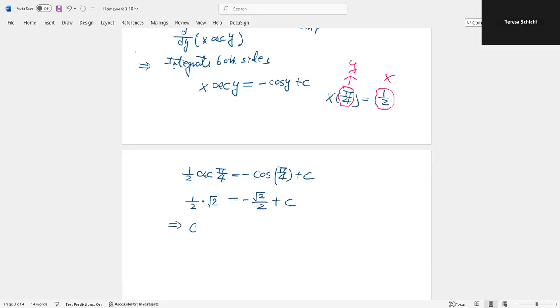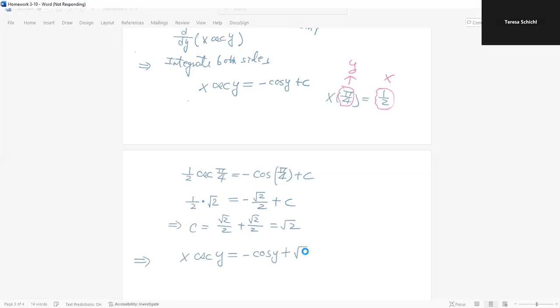So c is going to be the square root of 2 over 2 plus the square root of 2 over 2, so it's the square root of 2. Finally, my equation will be x cosecant y equals negative cosine y plus square root of 2 here.